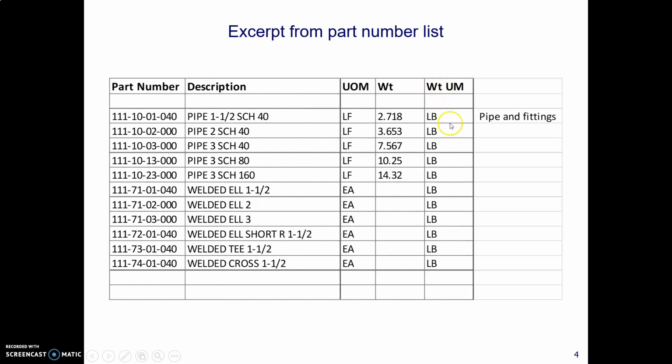Well, the weight per unit of measure is pounds, and our unit of measure is linear feet. So what we see here is 1 linear foot of this size pipe weighs 2.718. So you could go figure out how much your handrails weighed. And if this were entered in a computer system, and no doubt it would be in your company, your planning system could automatically tell you how many pounds of 1.5" pipe you have sitting on your rack there.